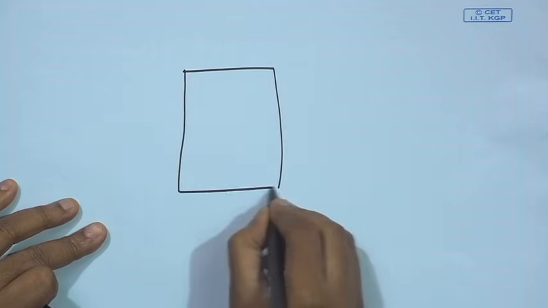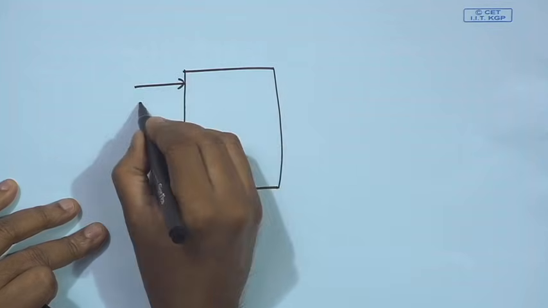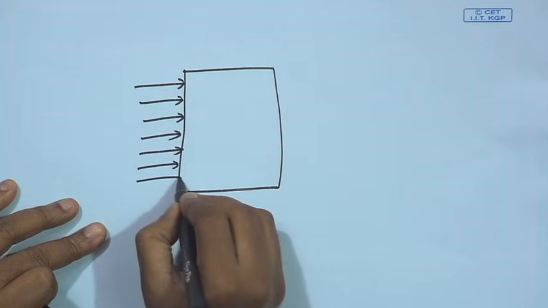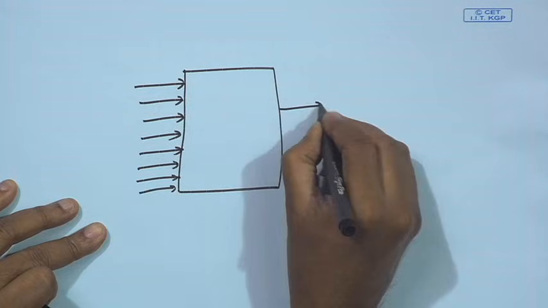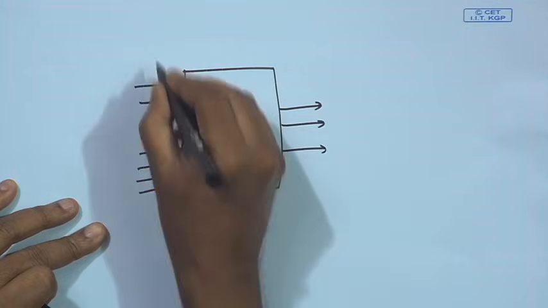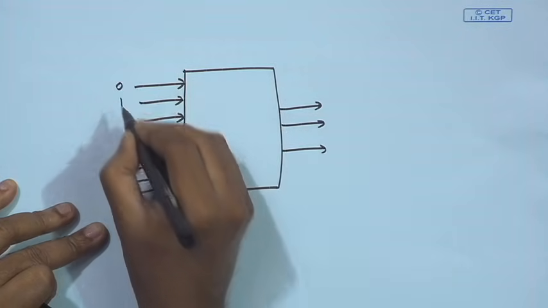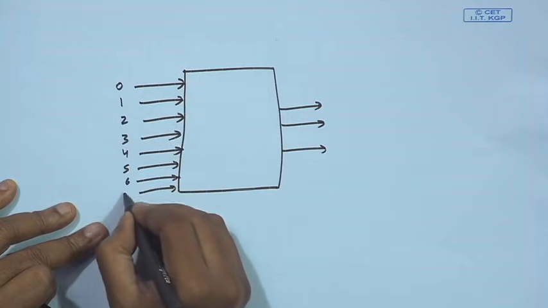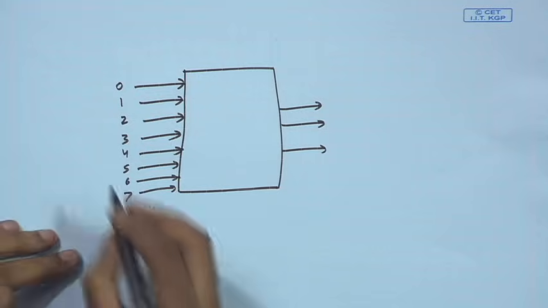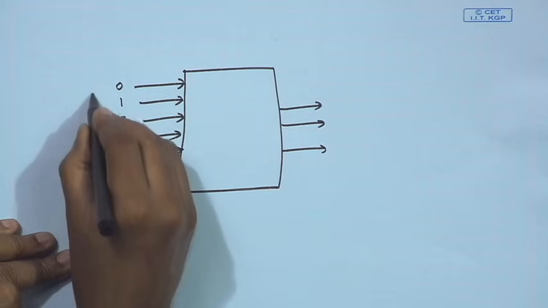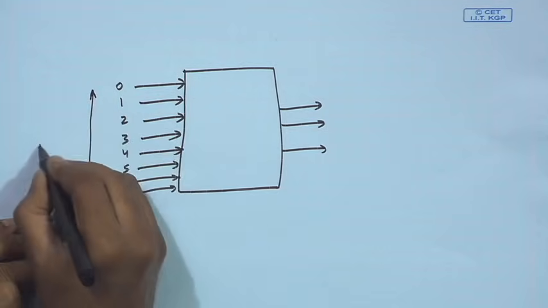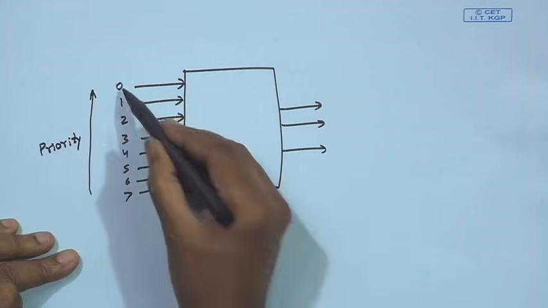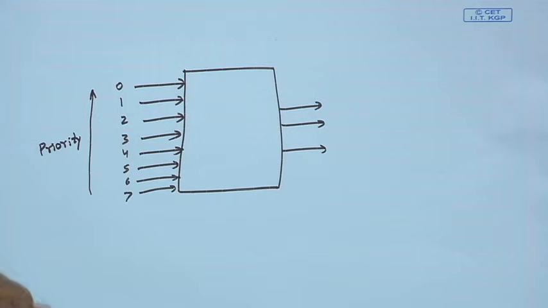In the example that I have, there are 8 inputs and 3 outputs, and the inputs are given some index values 0, 1, 2, 3, 4, 5, 6, 7. Now, I am assuming that the priority increases in this fashion. My input 0 has a higher priority than input 7.